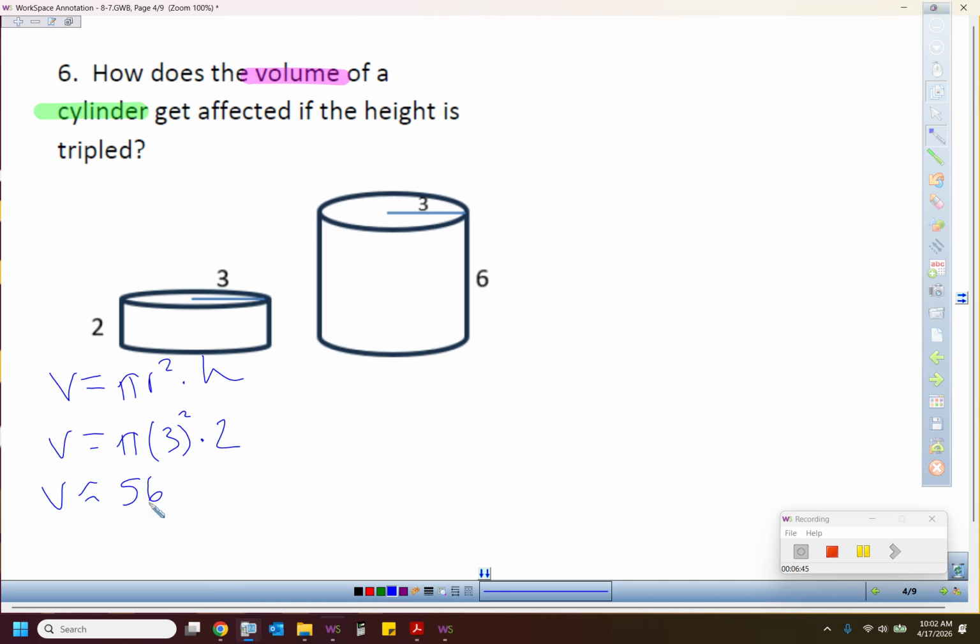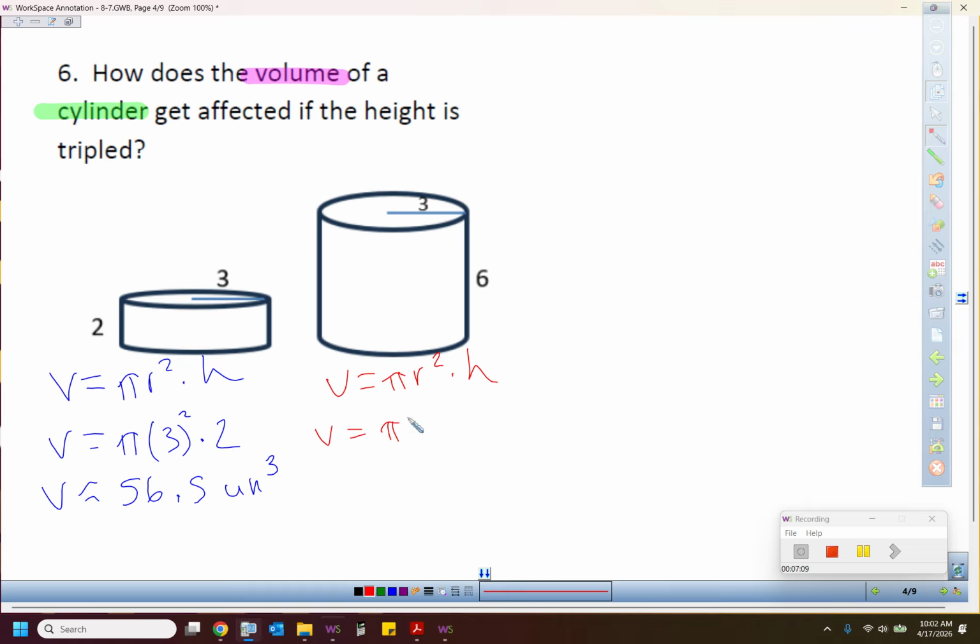Units cubed. But notice this. They didn't change everything on this cylinder. They only changed the height. Are you with me? Isn't the radius still the same? So let's see what happened. The volume is going to be pi r squared times height.